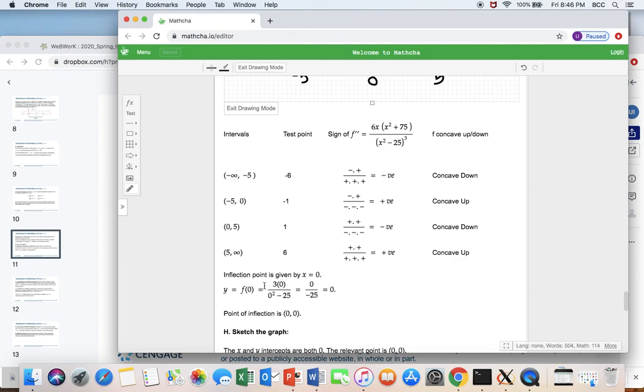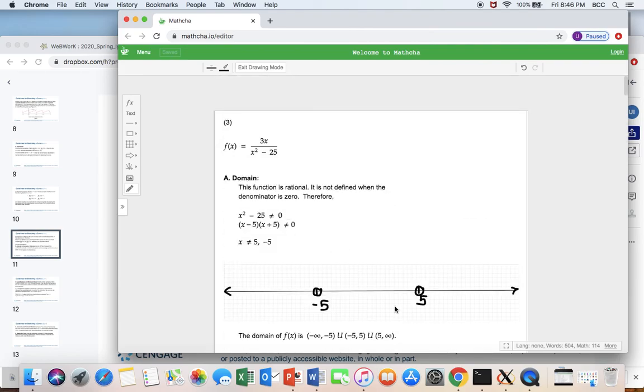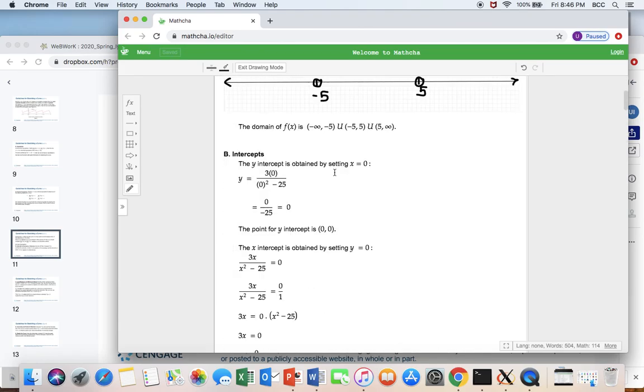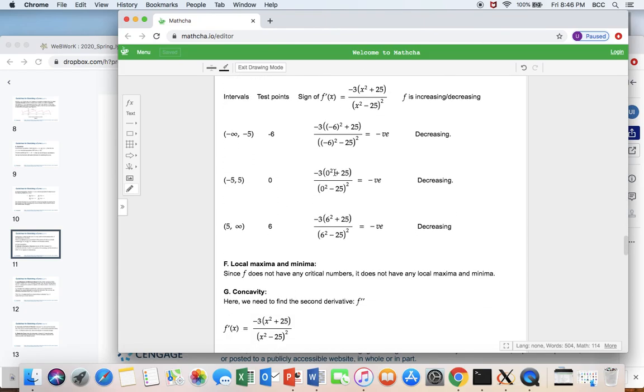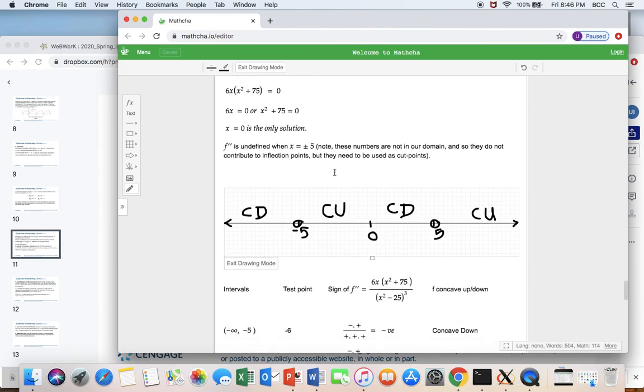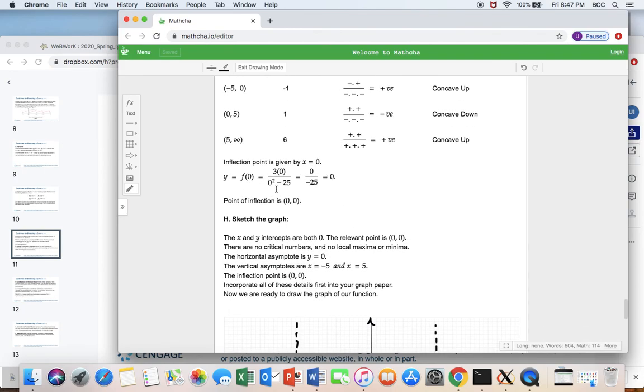So plug that 0 into my f, my original function. That's where you plug in to find your y coordinates, mind you. Okay, so I plug in x equals 0 to get 0 upstairs. So 0 eventually. The point of inflection is (0, 0).